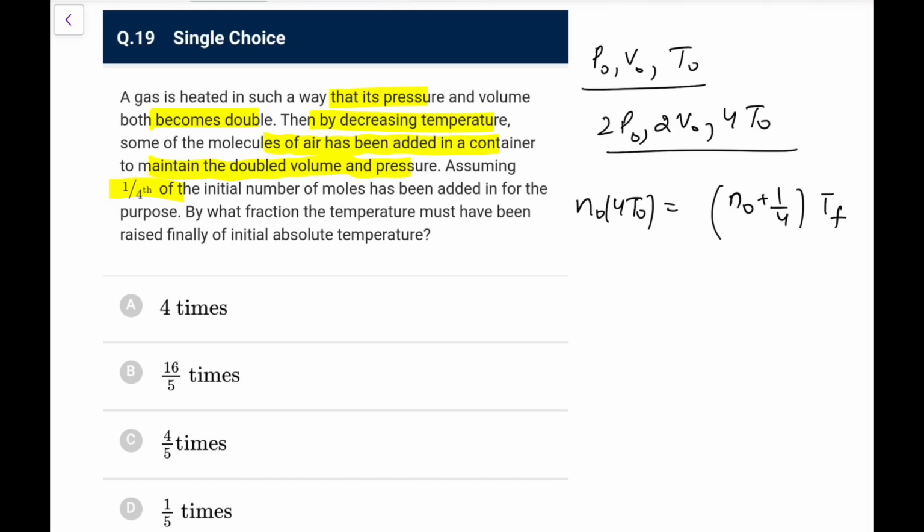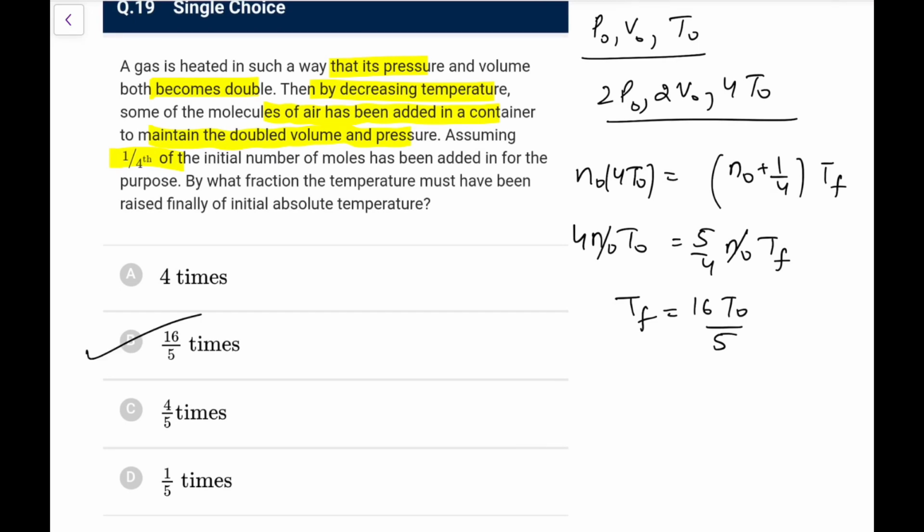Because the pressure and volume remain the same, the NT product remains the same. So this would be 5 by 4 N naught T final equals 4 N naught T naught. N naught gets cancelled, T final becomes 16 T naught by 5. So it is 16 by 5, go for option B.